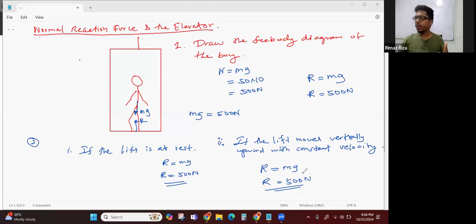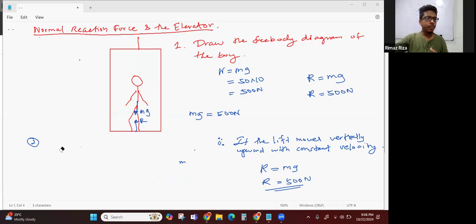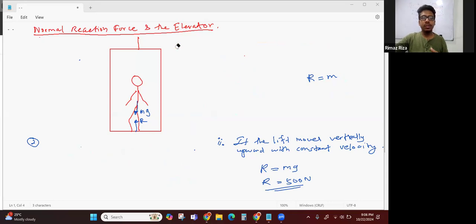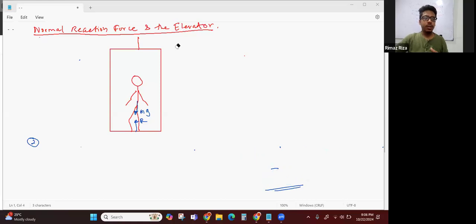Yes, sir. Okay, and the third question, Roman number 3: the lift is moving vertically upward with a constant acceleration of 2 meters per second squared.